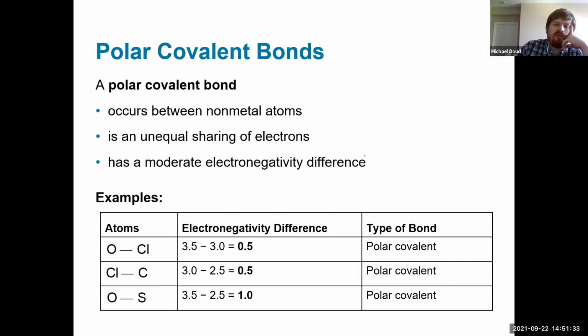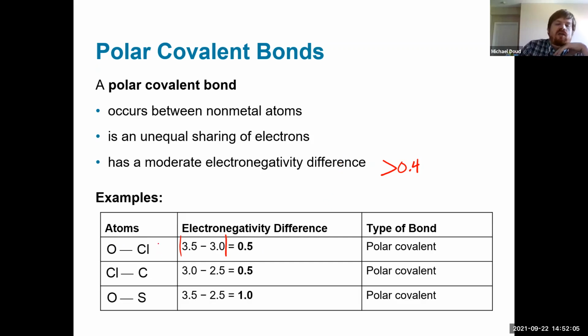Now, a polar covalent bond is going to occur when you have a modest electronegativity difference, which is greater than 0.4. So an example here is oxygen and chlorine. Oxygen has an electronegativity of 3.5. Chlorine has an electronegativity of 3.0. The electronegativity difference, and again, you want to think of this in terms of absolute value, is 0.5. That's greater than 0.4. So that means that there's going to be an imbalance of the sharing of the electrons.